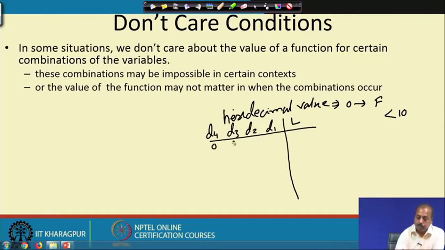So, for the combinations from 0 0 0 0 to 1 0 1 0, up to this combination the light value is equal to 1. Then from 1 0 1 1 to 1 1 1 1, the light value will be 0.